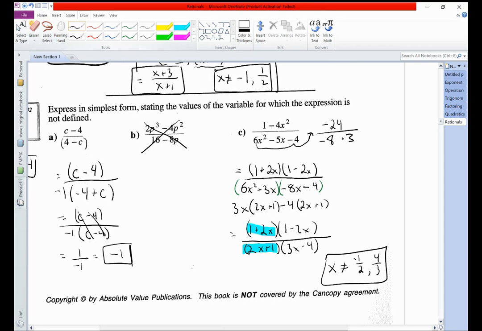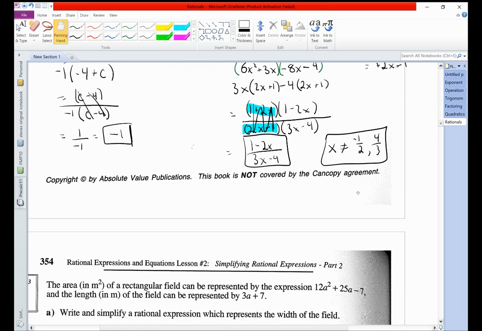Because they're both positive, they don't need to be in the same order, right? Because if you have positive 1 plus 2x, that is equal to positive 2x plus 1. The order doesn't matter when it's positive. So we can cancel that out. And we're left with 1 minus 2x in the top and 3x minus 4 in the bottom.